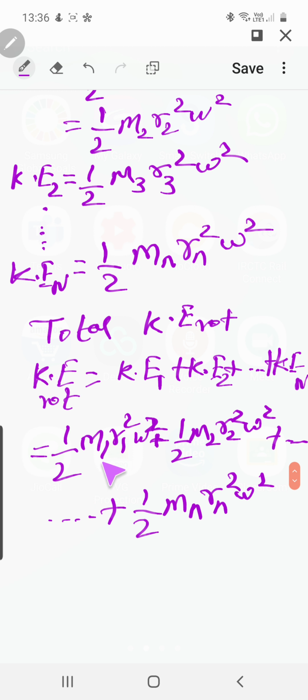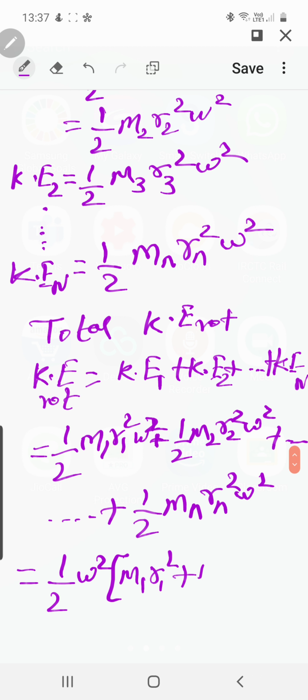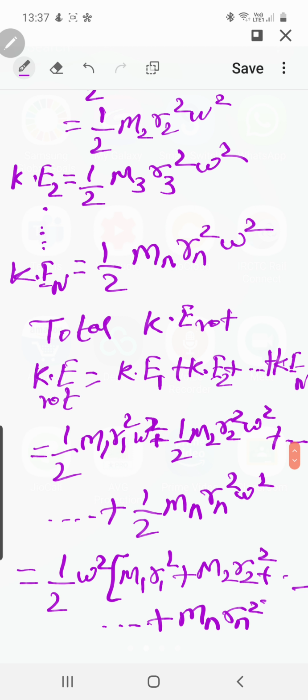Here we take half and omega square common. So inside the bracket it will be m1 r1 square plus m2 r2 square plus so on plus mn rn square.